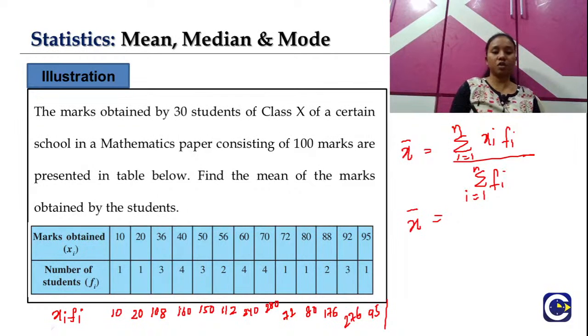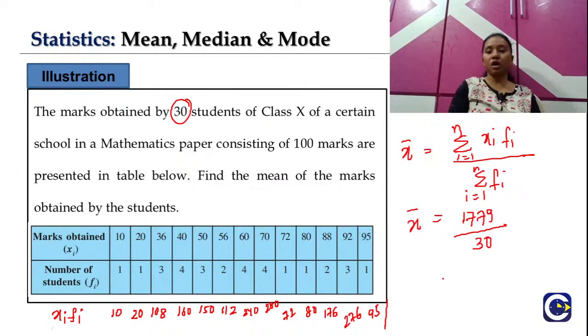The sum of the entire value is equal to 1779, and we also require sigma fi. This is our frequency, and sigma fi is nothing but the total number of students, so no need to count. The total number of students is already mentioned in the question, which is 30. So our mean is 1779 divided by 30.